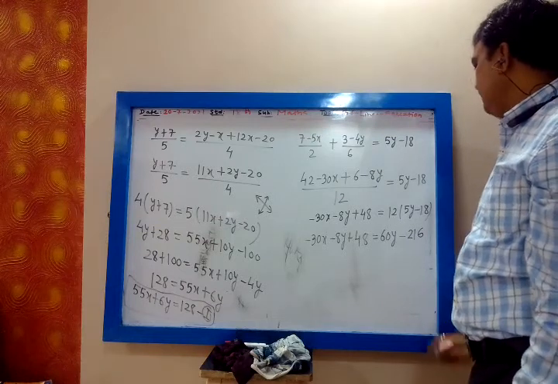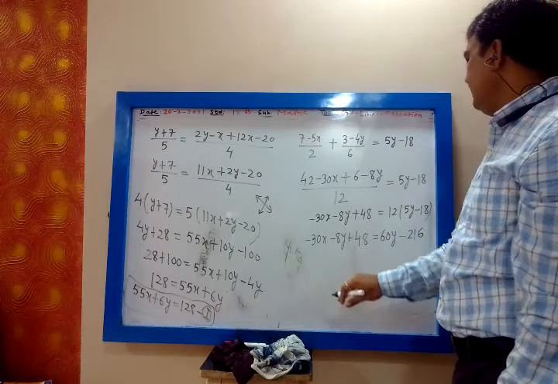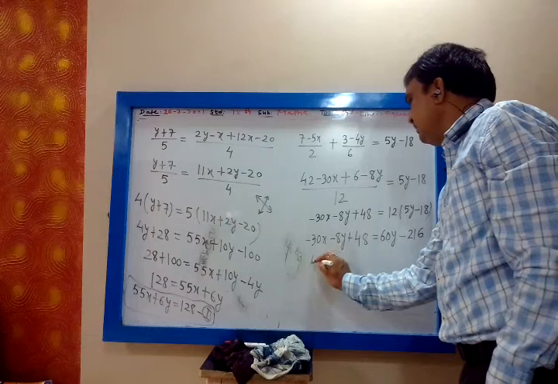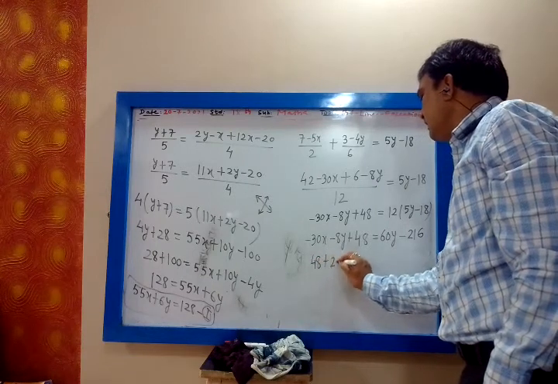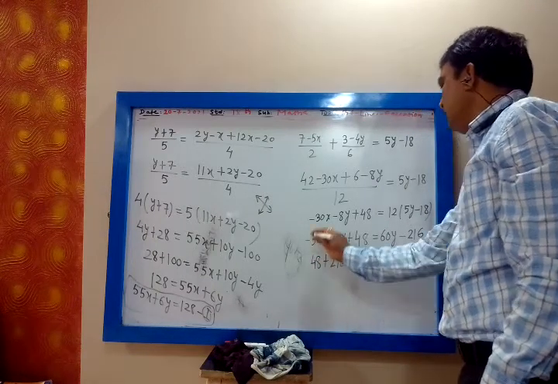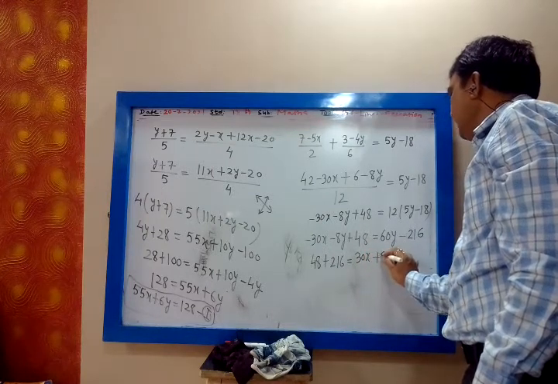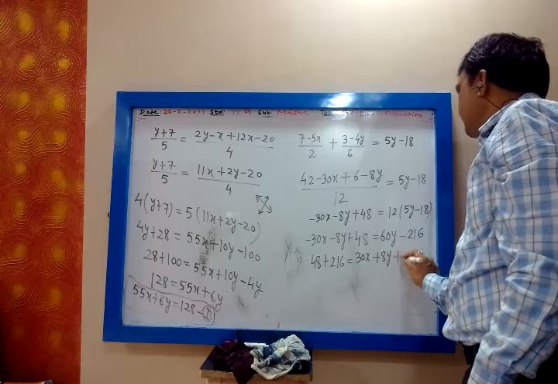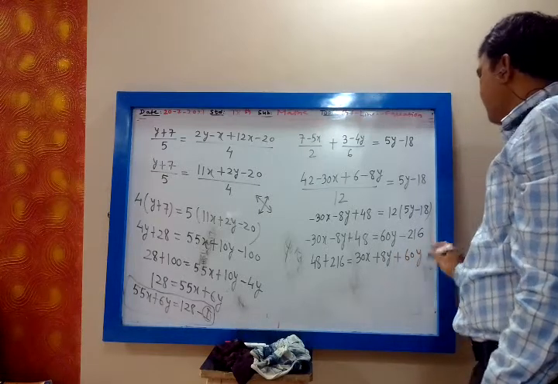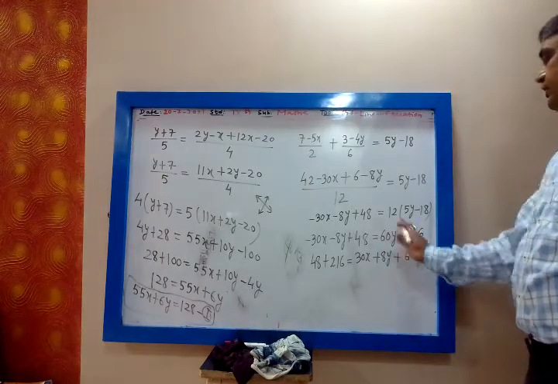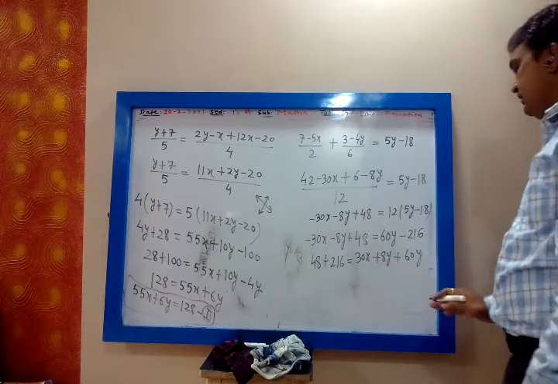Now I will take 216 on this side. So 48 plus 216 is equal to 30x plus 8y plus 60y. Okay, 60y plus 8y plus 30x.